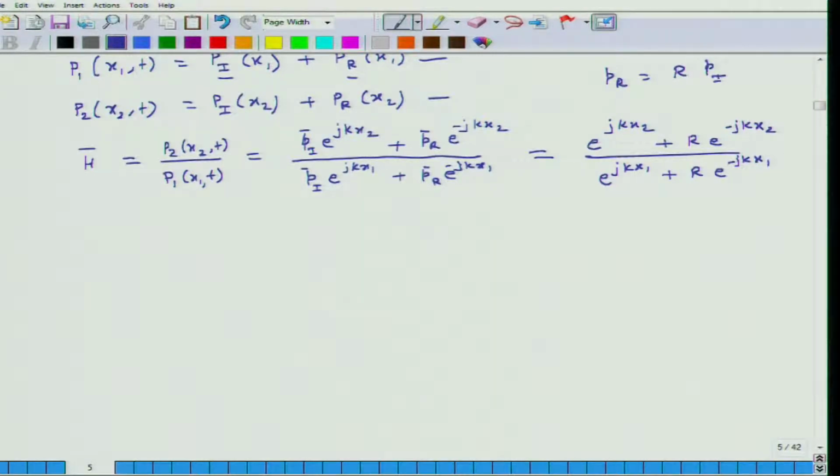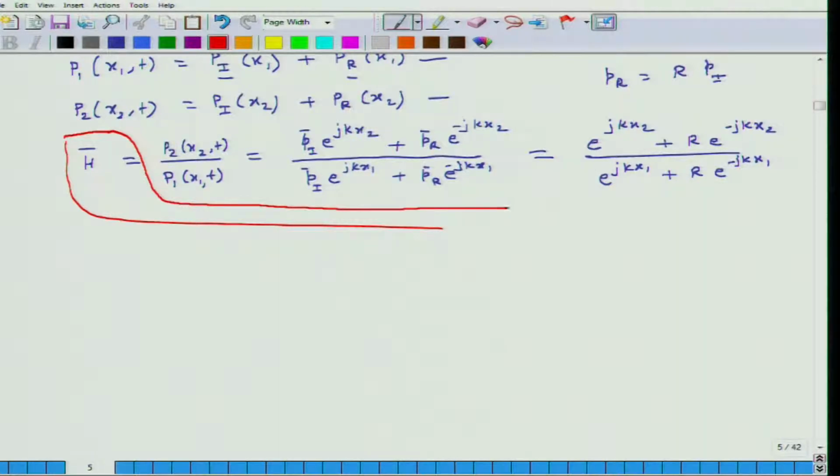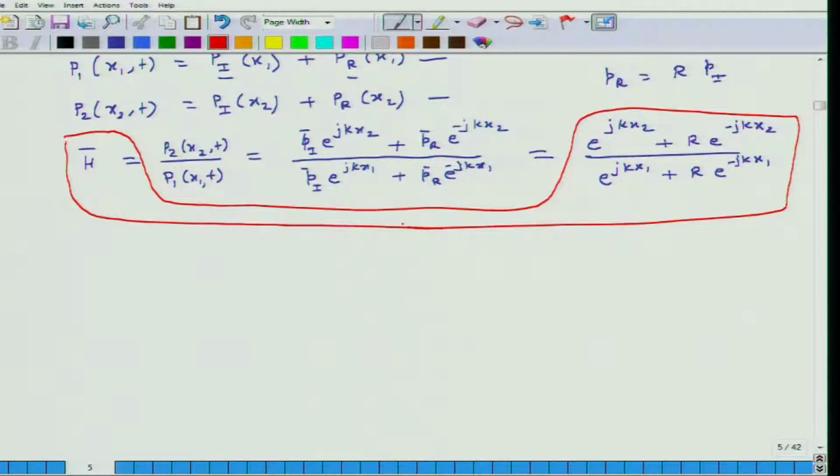Okay. So now what I do is I look at this equation and I think about it. In this equation, H is what?